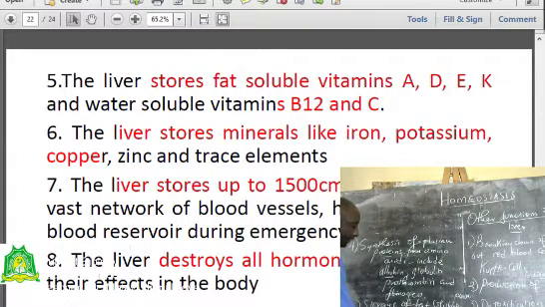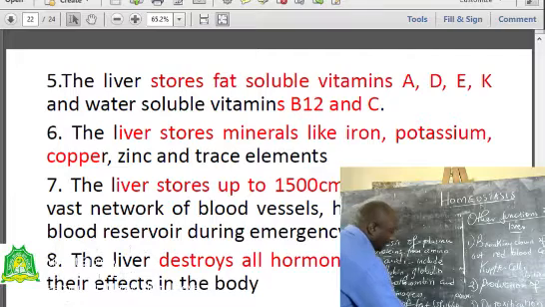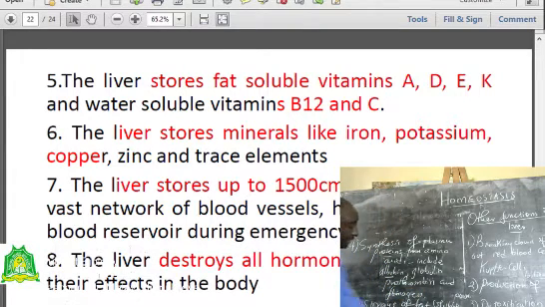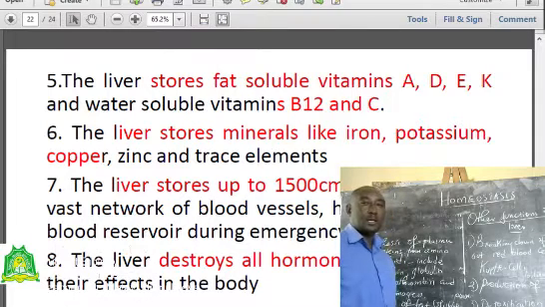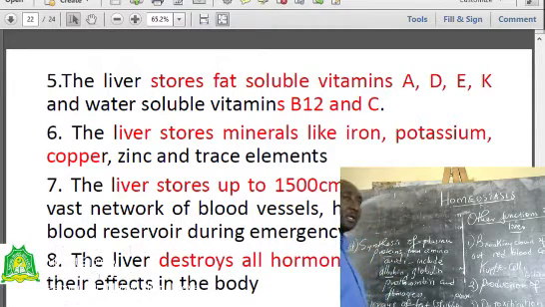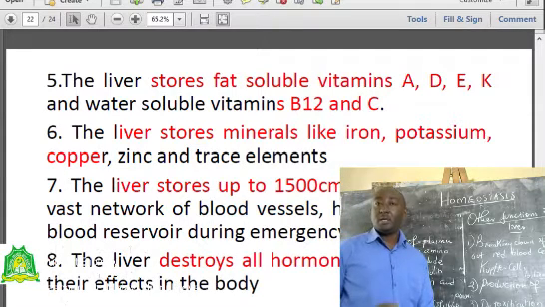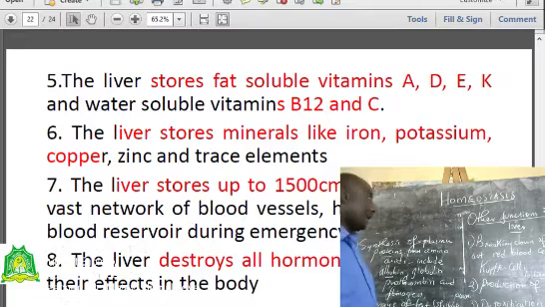We have vitamin A, vitamin D, vitamin E, and K. You must have realized, even in a home setting, you are advised to try to eat liver, okay, as being a source of vitamins. The reason being, in each cell they are stored, vitamin A, D, E, and K. Now, not only that one, the liver also is a source of mineral ions.